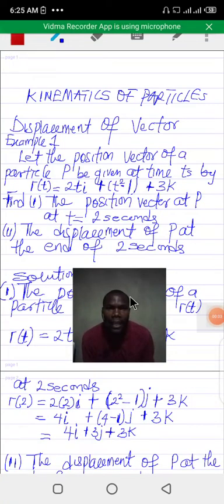We are going to talk about kinematics of a particle. We have examples under the displacement of a vector.